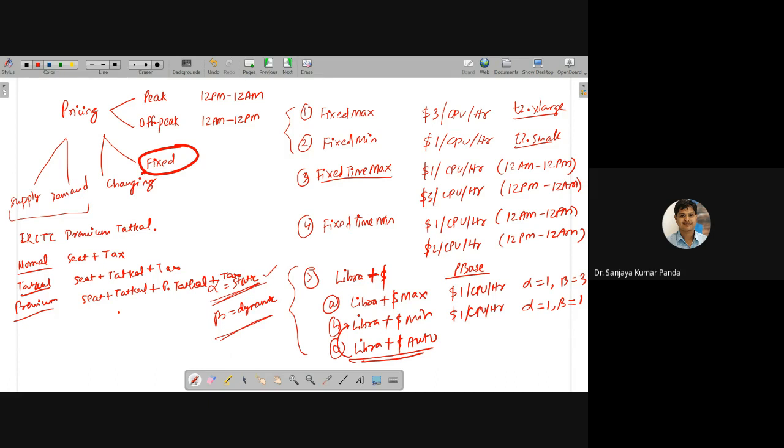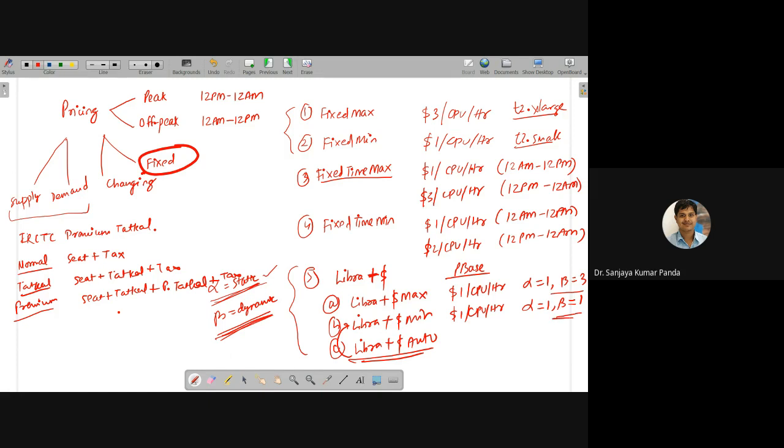It follows Libra plus dollar min, but it is automatic. Sometimes the values are fixed in that manner, to choose a particular pricing scheme. So in order to calculate the dynamic price, you need these factors. That is very much important.